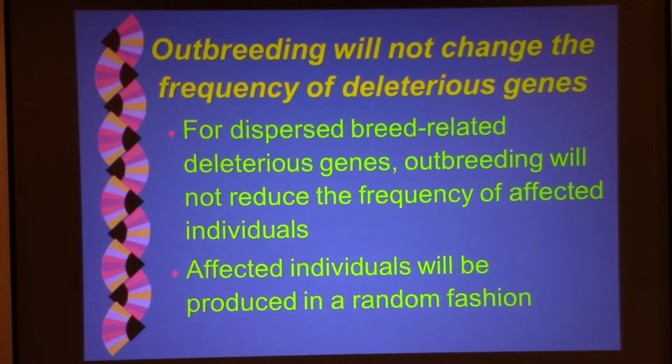But we see the same genetic diseases in our random bred cats every single day as a veterinarian. You see inflammatory bladder disease and diabetes and allergies and all the cat genetic diseases we see, but they occur randomly. And that's what would occur with outbreeding programs. It doesn't change how often affecteds are produced. It's just they come up by surprise now because you're constantly mixing the genes, so you have no idea where they are and when they're going to pop up.